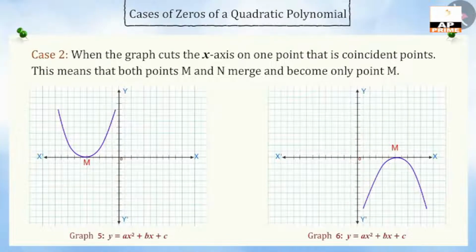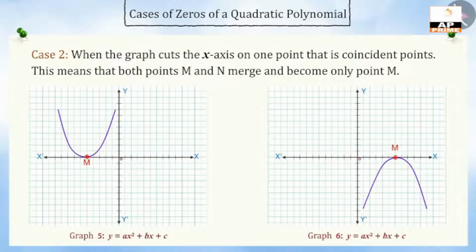Case 2. When the graph cuts the x-axis on one point, that is, coincident points. This means that both points m and n coincide and become only point m.